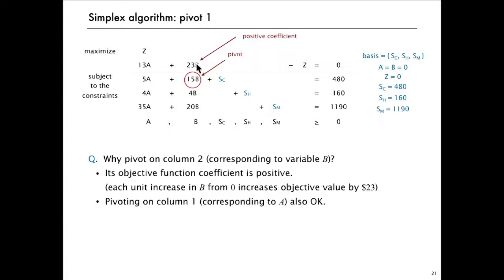So why choose that particular variable? Look at the objective function, and its coefficient is positive. b is sitting at 0; if we increase it to some positive number, we're going to increase our objective function. So as long as the coefficient in the objective function is positive, that tells us the column. We could also do it on A in this case. And then why that row?